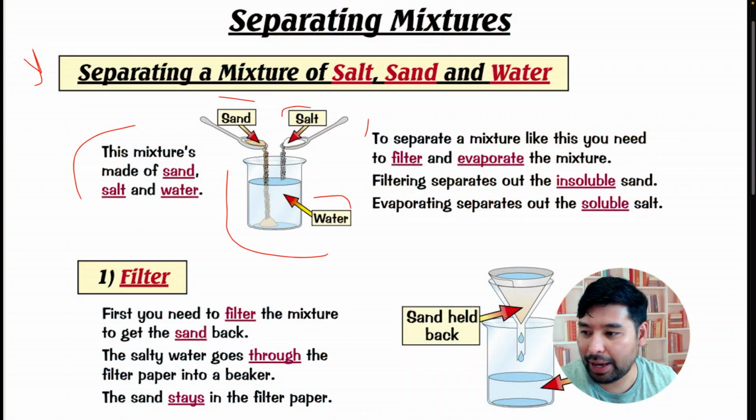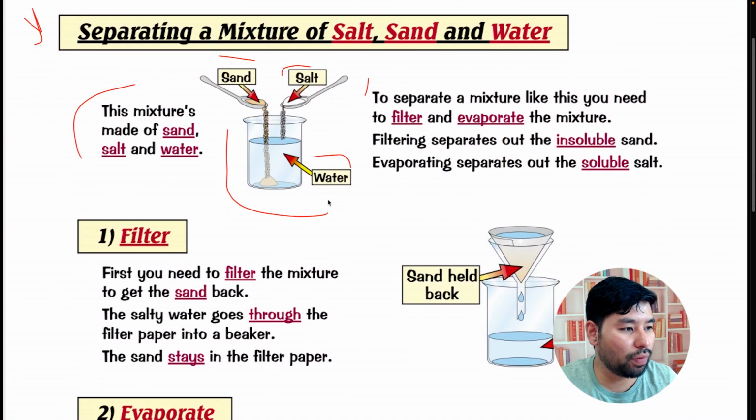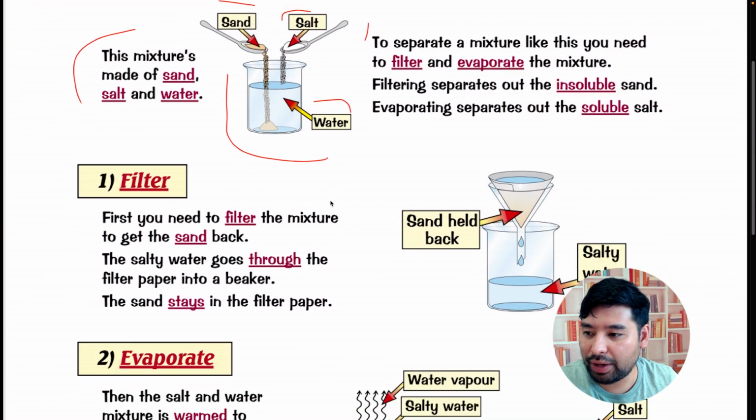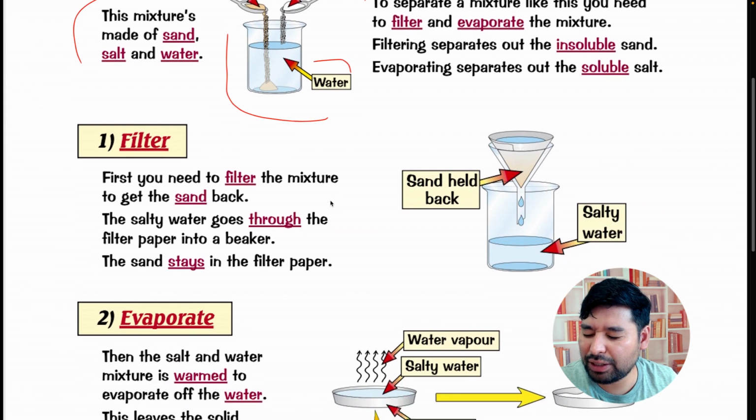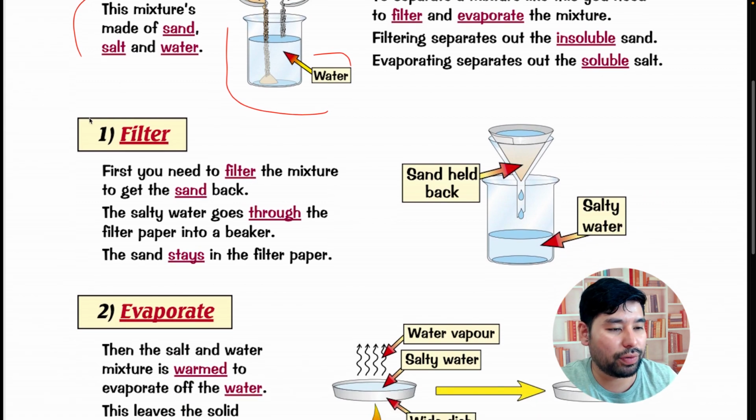Okay, so getting back and going down a little bit more, we have this second example here. Check it out with me, which is number one, and let's read that. Filter. So first, you need to filter the mixture to get the sand back. That's the first thing that we're gonna do.